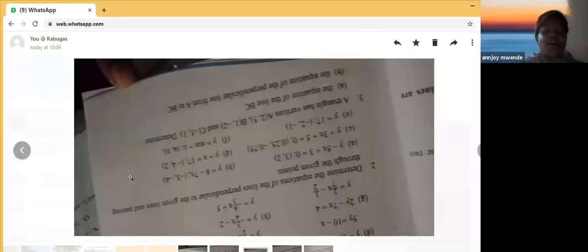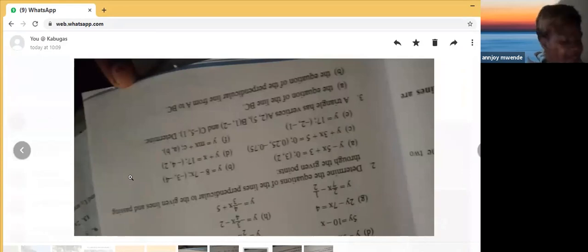Now, application of perpendicular and parallel lines. A triangle has vertices A (2, 5), B (1, -2), and C (-5, 1).